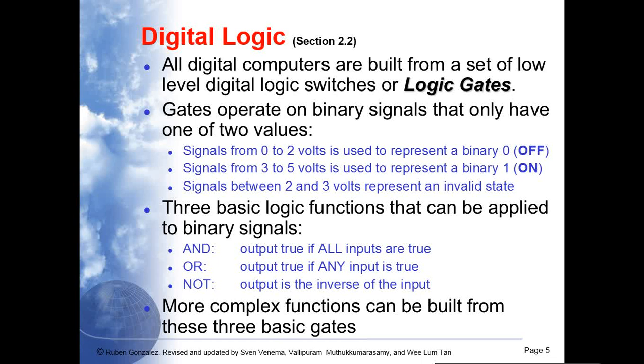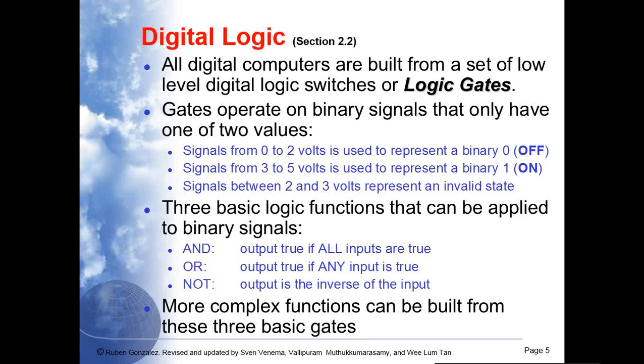It's an indeterminate value, and usually we have to transition from the 0 state to the 1 state or backwards. Does that make sense? So we have this intermediate state. Okay, so we've complicated it a little bit, but basically you can still see it as 0 is off, 1 is on. You don't really at this level need to know too much about the actual electrical values for those things.